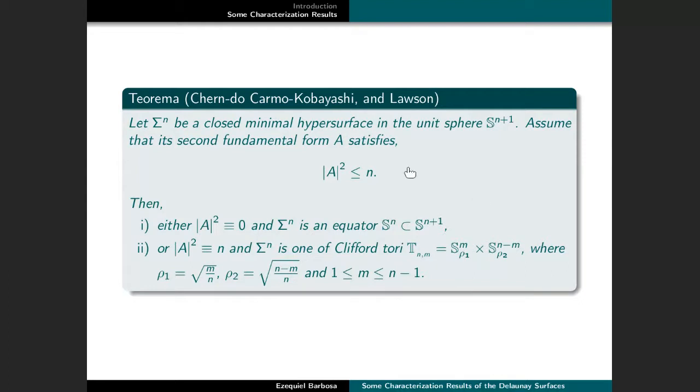The first one is due to Chern, do Carmo, Kobayashi, and Simons. For the case of minimal surfaces, closed minimal surfaces, if you have this gap condition here for the second fundamental form, this surface should be an equator, totally geodesic, or a Clifford torus.